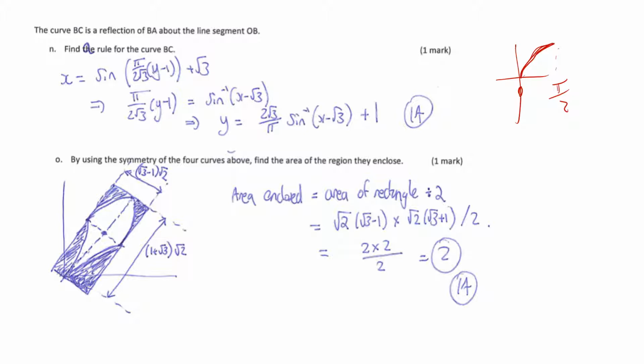We know a rhombus means that the diagonals cut at midpoints and at right angles, which means we can enclose it nicely in a box or a rectangle. A rectangle whose width is equal to the distance from A to C, which turns out to be root 3 minus 1 root 2, and whose length was equivalent to the length from O to B.